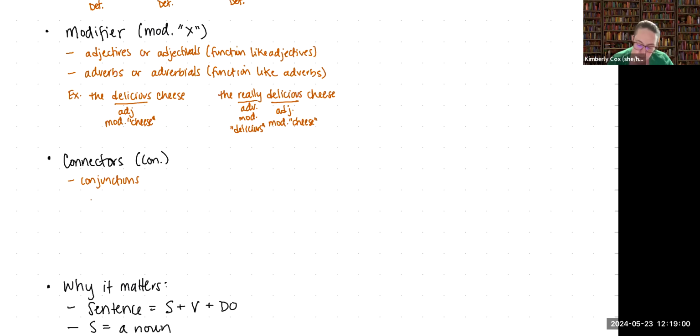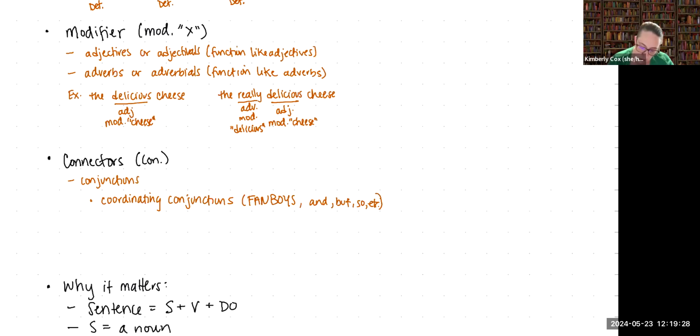And you have coordinating conjunctions. The acronym for this is FANBOYS. But these are words like and, but, so, etc. Okay. So good to be aware of and familiar with those.